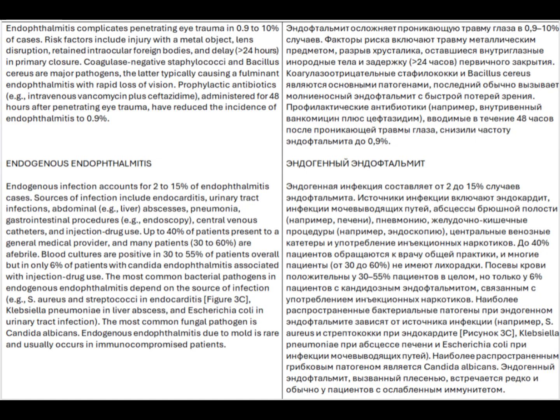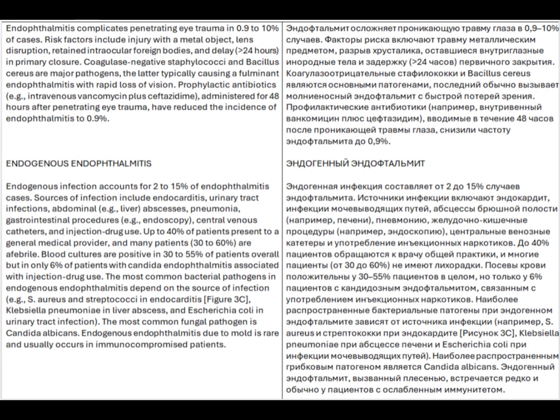Coagulase-negative staphylococci and Bacillus cereus are major pathogens, the latter typically causing a fulminant endophthalmitis with rapid loss of vision. Prophylactic antibiotics, e.g., intravenous vancomycin plus ceftazidime, administered for 48 hours after penetrating eye trauma, have reduced the incidence of endophthalmitis to 0.9%.